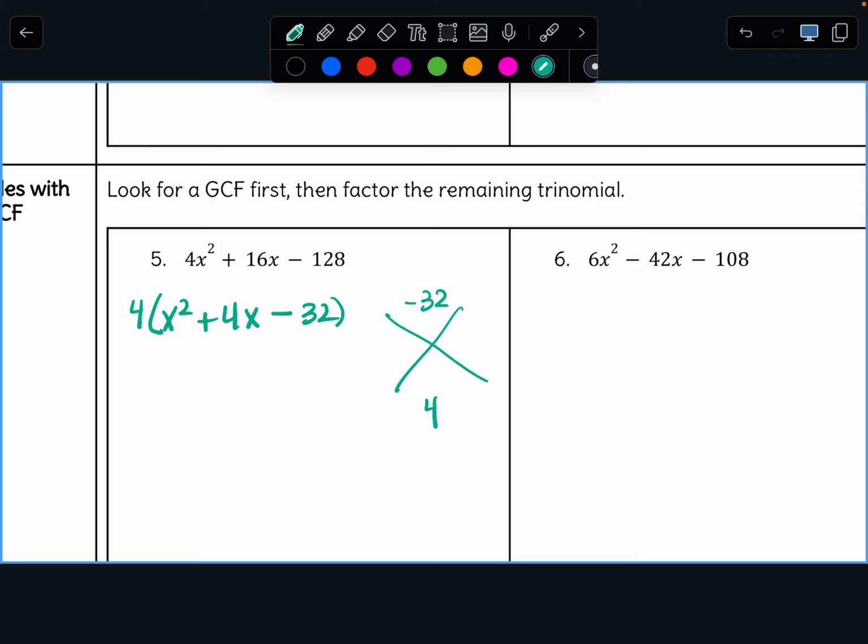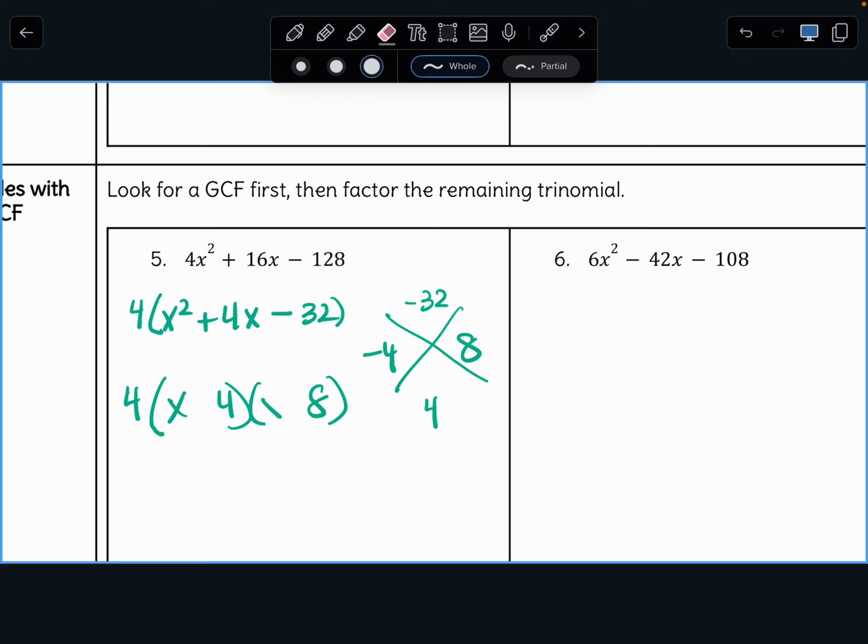So I want to use negative 4 and positive 8. So that's 4 times x plus 4, x minus 8. Nope, I did that backwards. X minus 4, x plus 8. Is that right that time? Yeah.